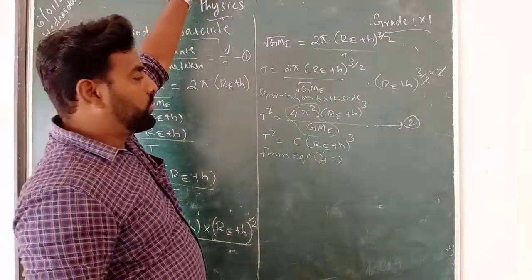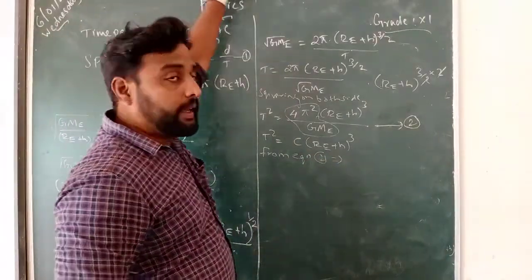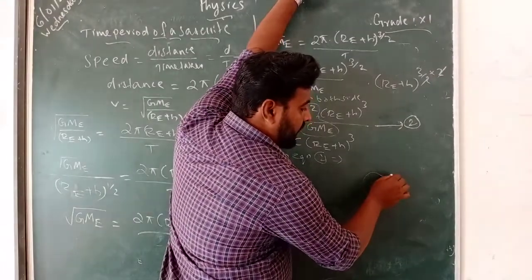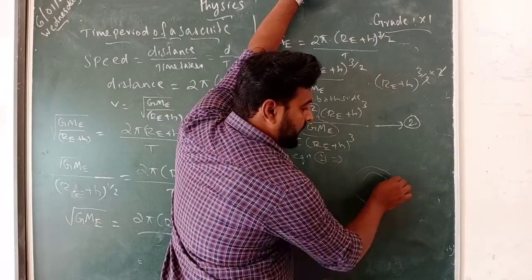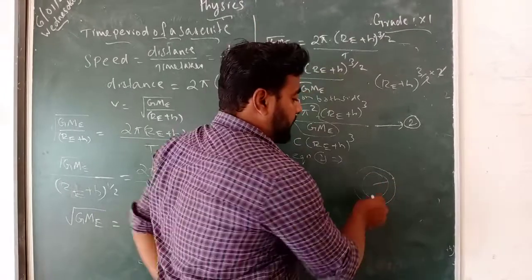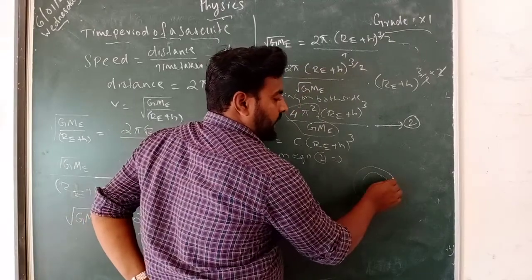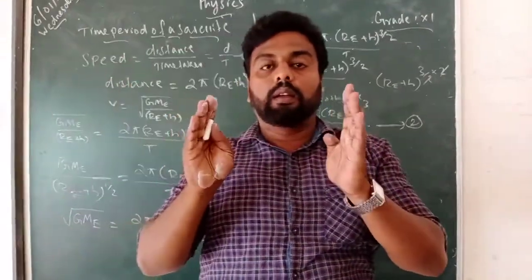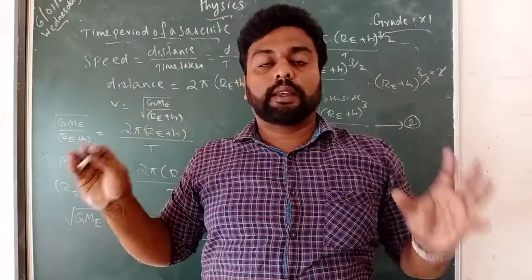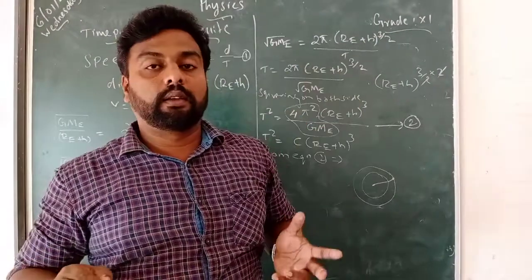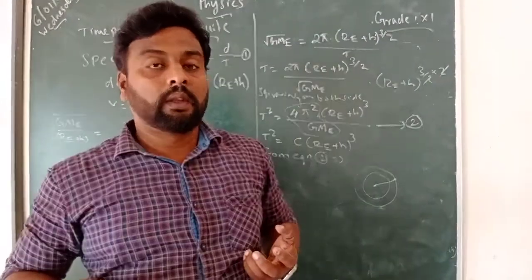Now what we are going to do is, you see, this is the earth and here the satellite orbit. This radius is very much greater. This height is very much smaller. The radius of the earth is very much greater than the height where this satellite is revolving around the earth.